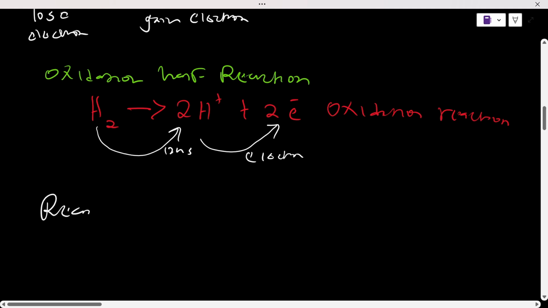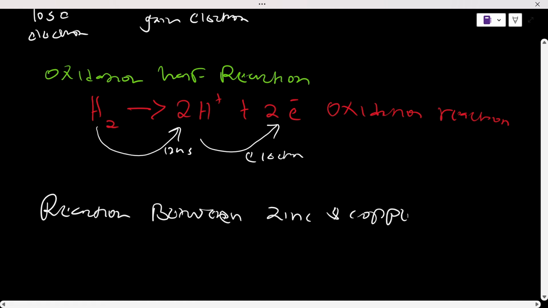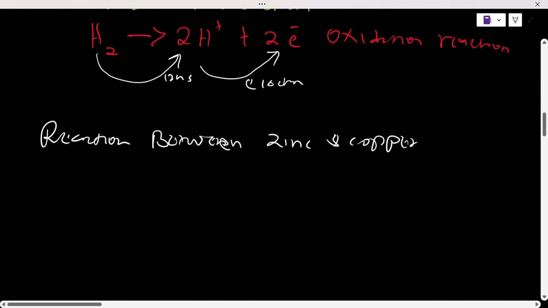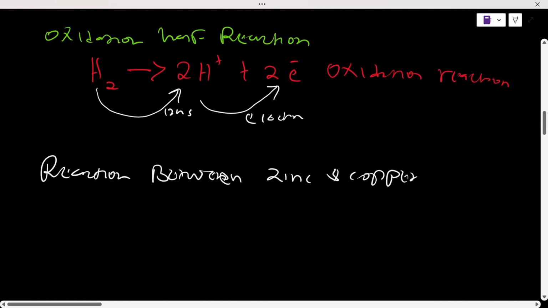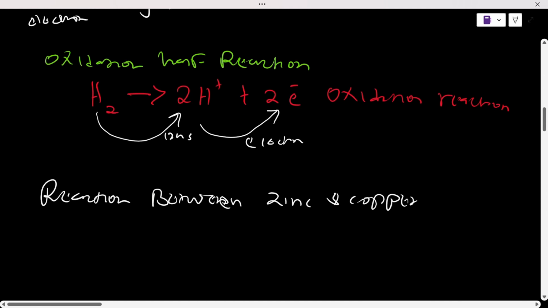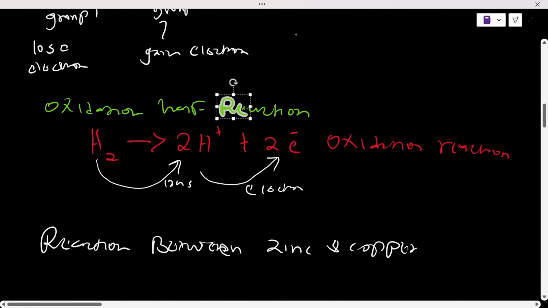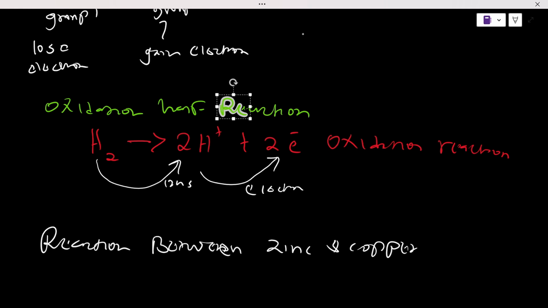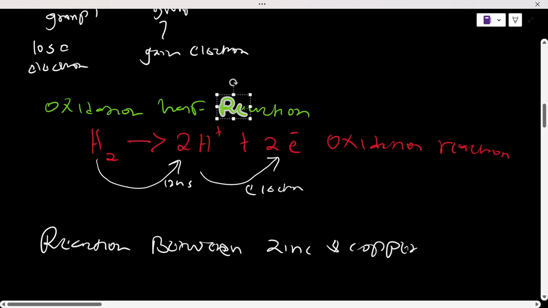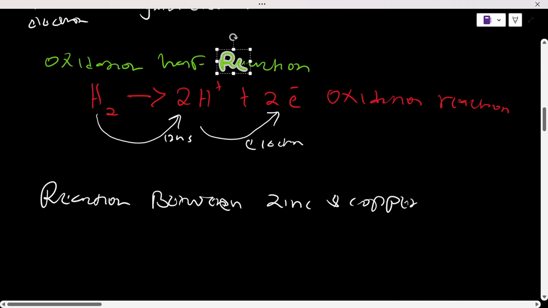In a reaction between zinc and copper, I can have a situation whereby the reacting species... Now, most of the time, let me explain something here.